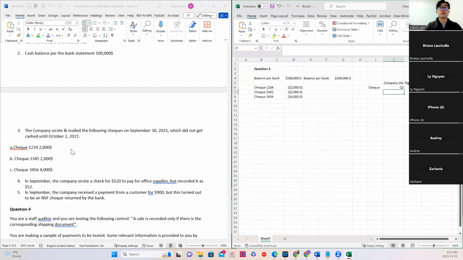And what were they supposed to do? They were supposed to write it as 520. And to get from minus 52 to minus 520, how do you get there? So you minus.